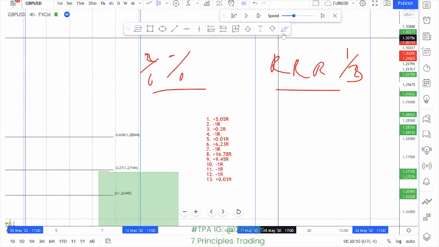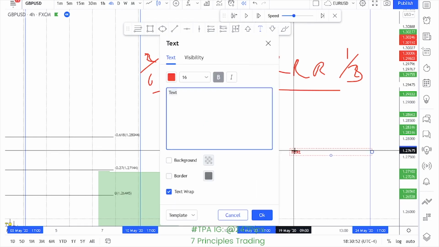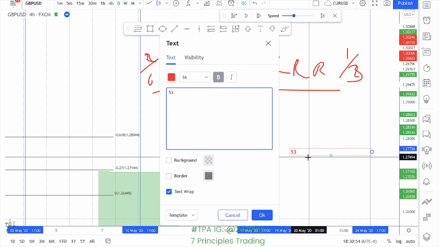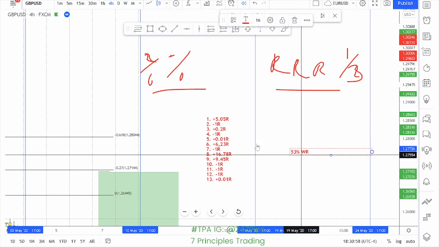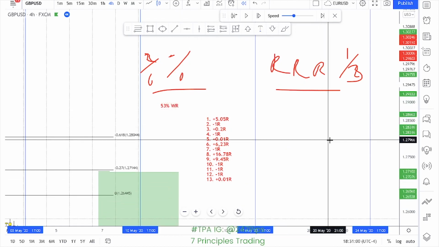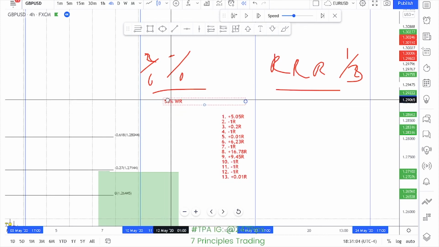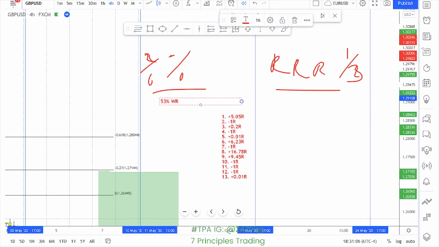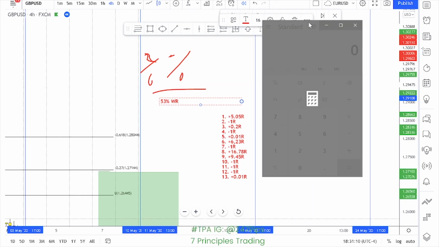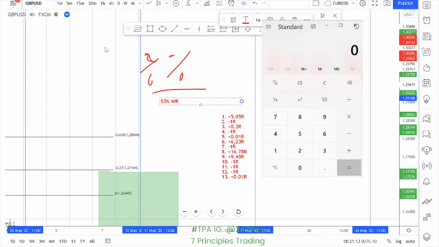Okay. And we know our risk reward is 1 to 3. So let's calculate the risk rewards that we've been getting and see what the tally is.